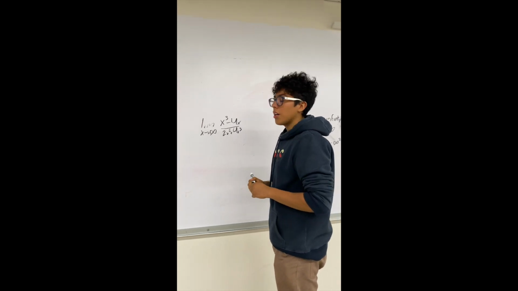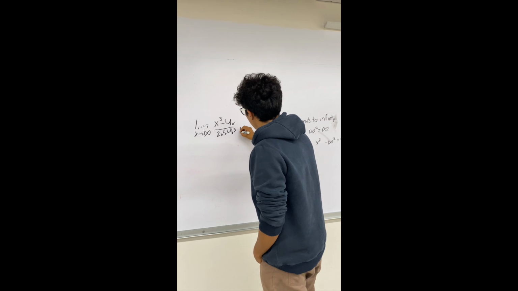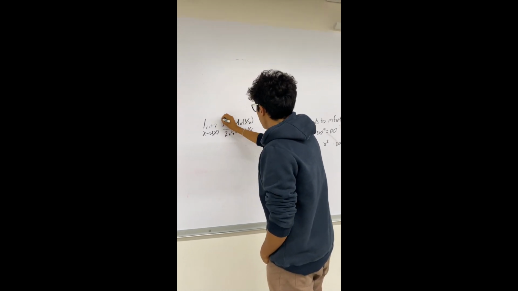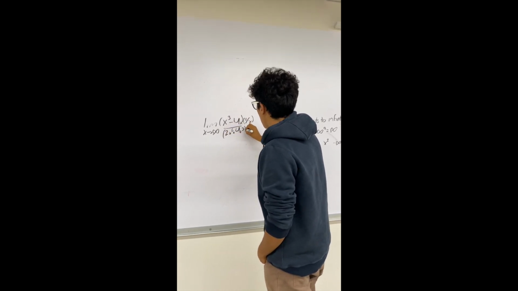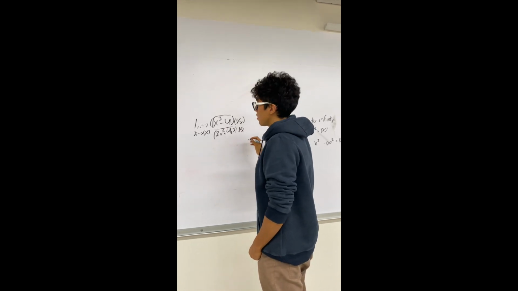In this case, we have to multiply each of these rows by 1 over x and 1 over x. Okay? I'm sorry, I forgot to add the radical here. But it's the same process.